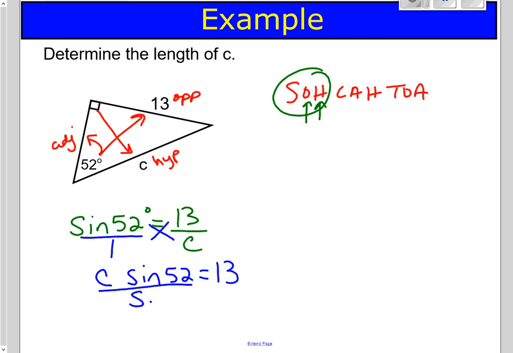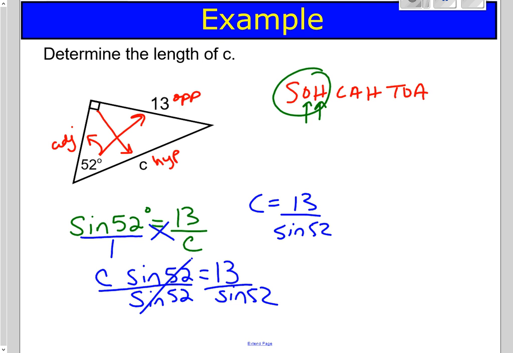Then I'm going to divide each side by the sine of 52 to get C all by itself. So C is going to equal 13 over the sine of 52. 13 divided by sine 52 equals, and I get 16.5.